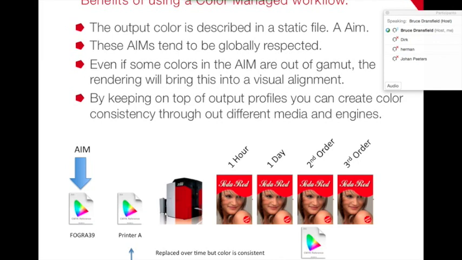So you're always moving back to the same aim, rather than producing something where all you know is a density value and a linearization, but you don't know the colour that was achieved. So this allows you to have consistency through different engines and media, and I think this is the main reason to move away from a non-colour managed workflow.